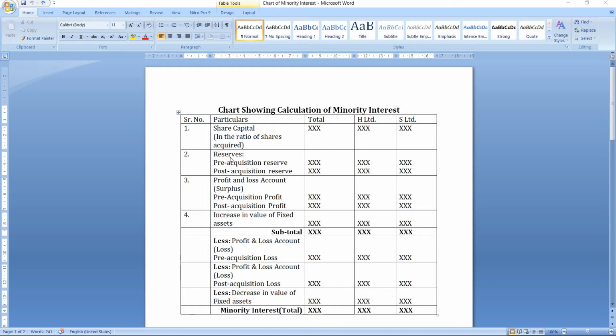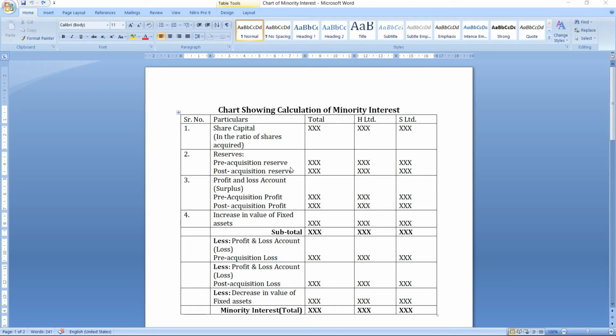Second step is you have to divide the reserves of the company as pre-acquisition reserve and post-acquisition reserve. Now the meaning of these terms I have already explained in the previous video. Pre-acquisition reserve is the reserve which is created before acquisition of shares by the holding company.